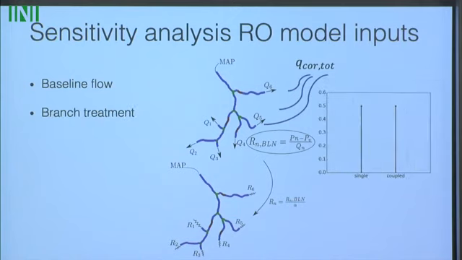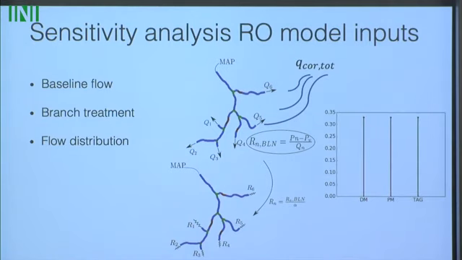Right, and then we also have to look at how the branches can be treated. Some incorporate both the left and the right branch, some do not, and we have accounted for that.